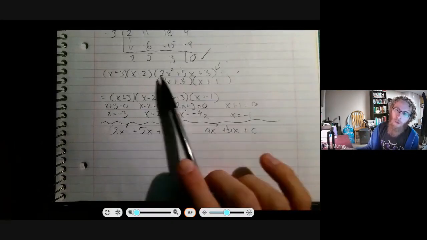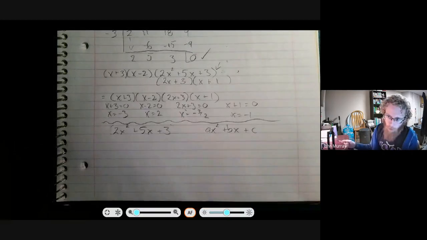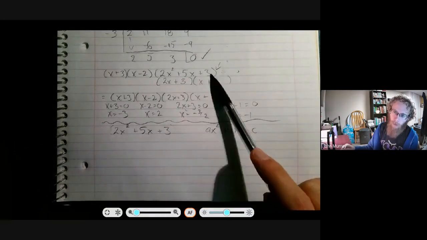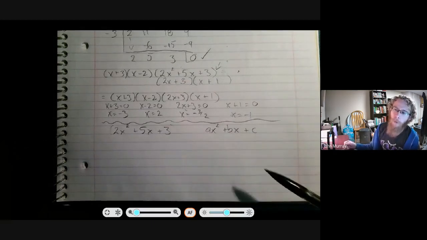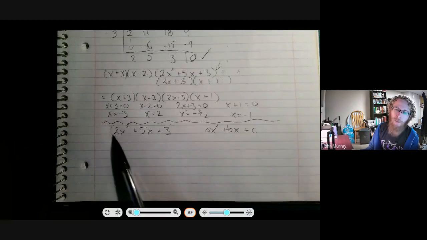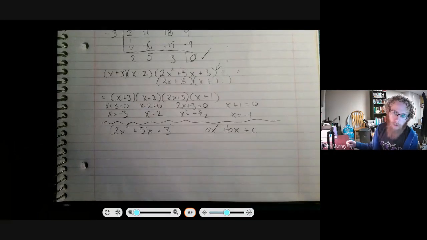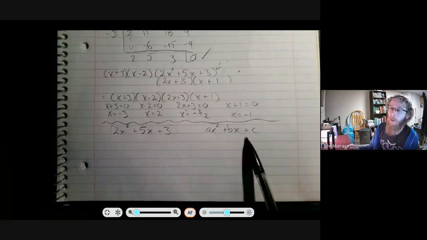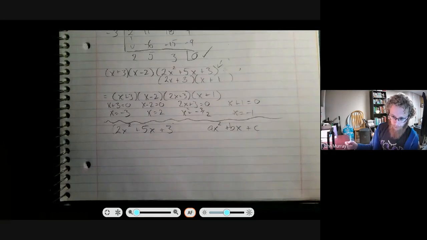Now, like I said before, if this was just a 1, then you just kind of do your regular factoring. What two numbers multiply to c and add to b. But when we have a coefficient in front of the x squared, that kind of throws a wrench into our gears. So this is a method that I use. It takes a little time and a little getting used to, but it's foolproof.